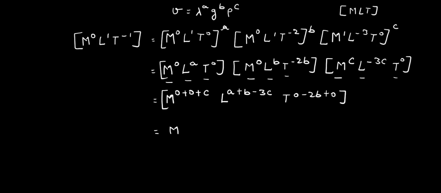For M it is 0 plus 0 is 0 and 0 plus C is C. So M power C, L power A plus B minus 3C, and T power 0 minus 2B plus 0 is minus 2B.